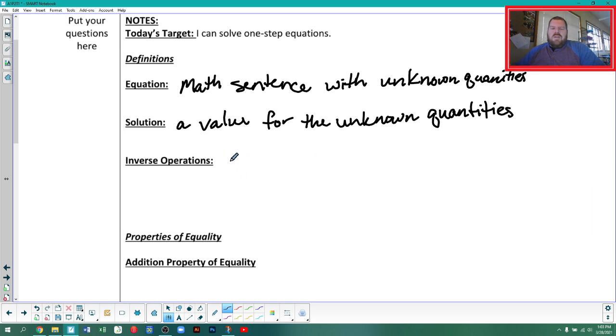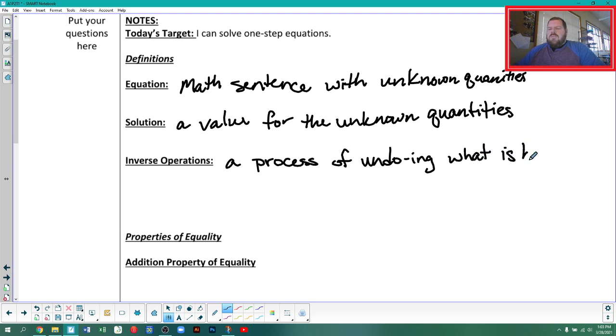Inverse operations are a process of undoing what is happening to a variable.